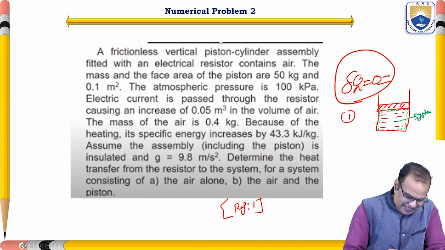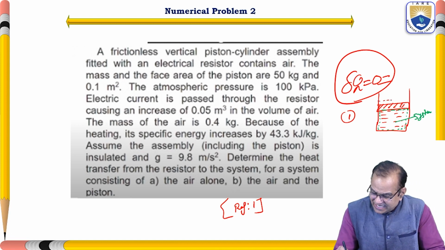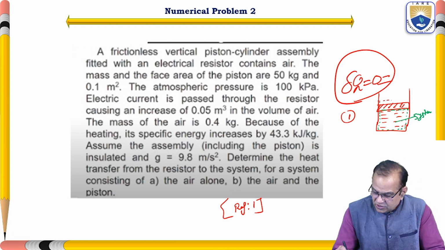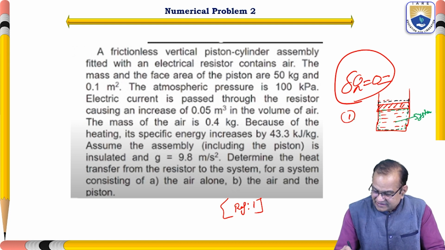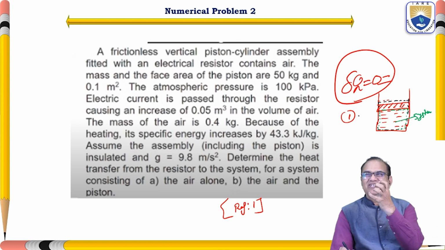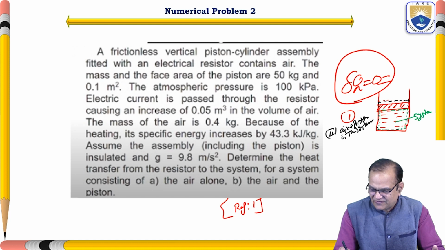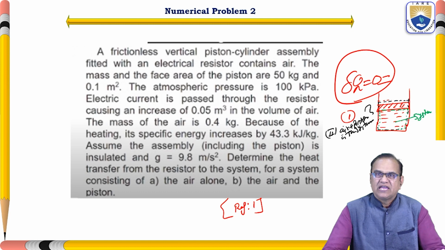And if you take another system, it includes the piston also. So it is asking two cases: case 1 when air alone is the system, and case 2 when air plus piston is the system. So what is the difference that we have to find out in this given problem.